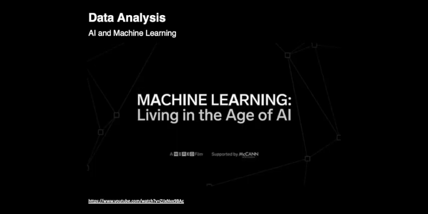So another thing to check out and look into when it comes to data analysis is machine learning or artificial intelligence. There's a really great video that I'll link to in the description and the class website that goes into what is machine learning and what is artificial intelligence and how is it affecting our daily life.